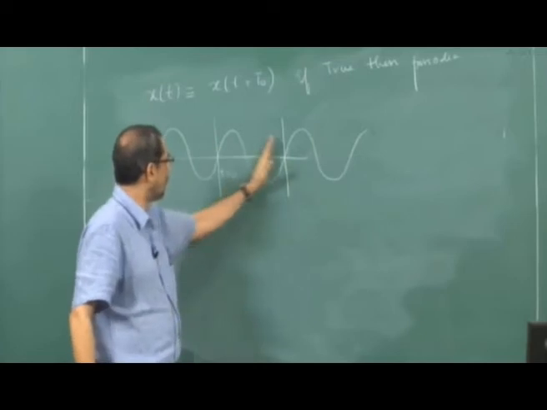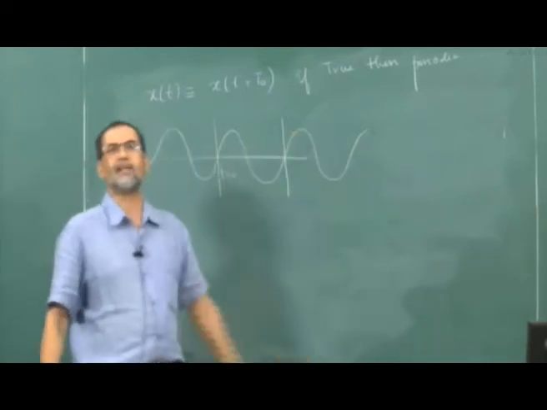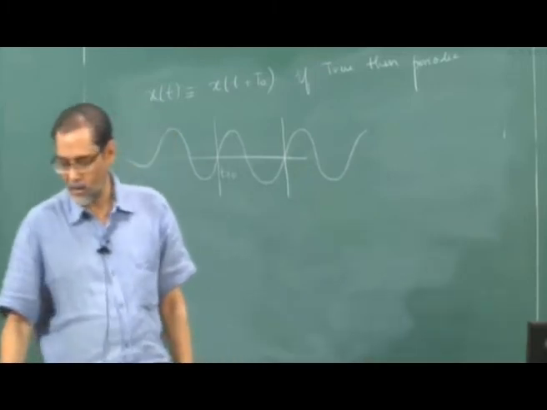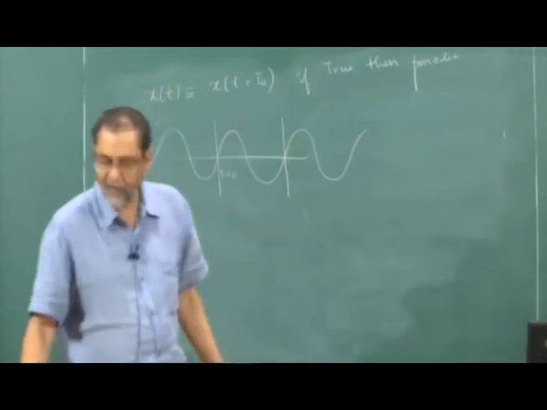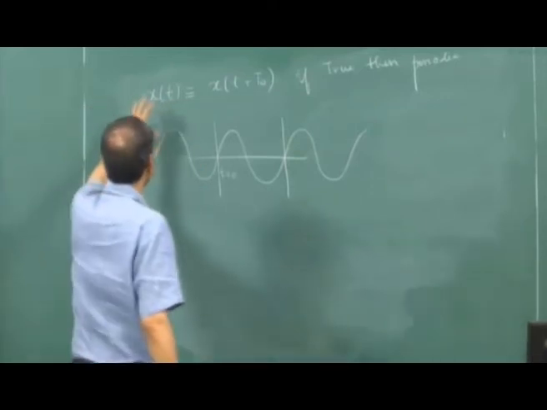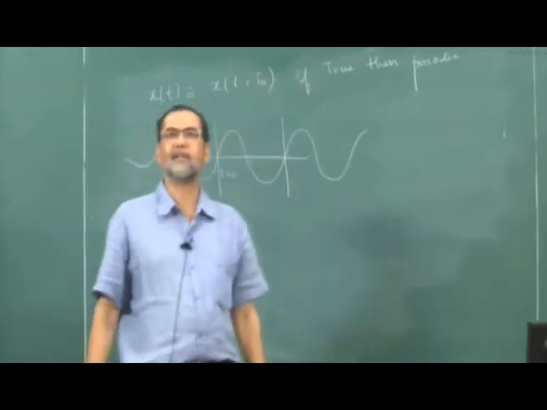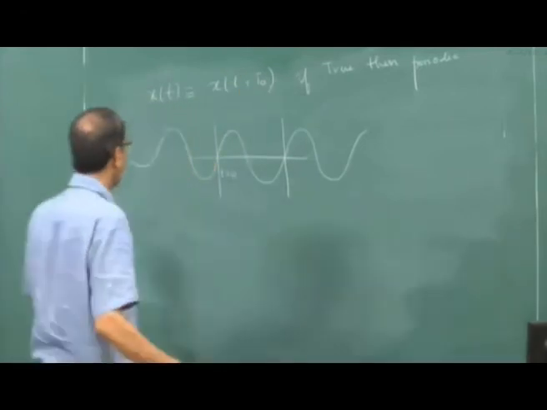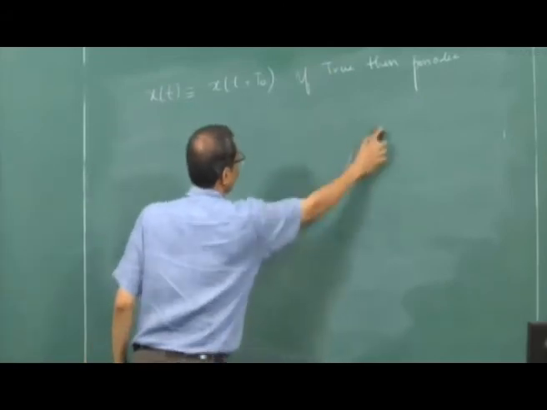Whatever view I get at this point, I get the identical view on this side. Right? So it is indistinguishable for some value of T naught. This is the fundamental property of periodic signals. It should be identical for some delay T naught, some advance T naught.